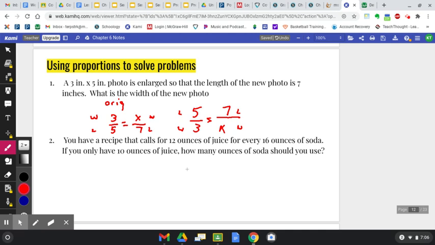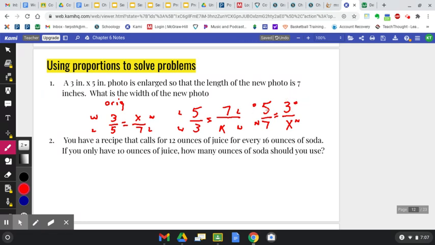So the cross products would be the same. You could say that, okay, 5 is a length of the original and 7 is the length of the new. Well, I could compare that to the widths, right? The width of the original is 3. The width of the new is what I'm looking for. So again, I just have to be consistent.